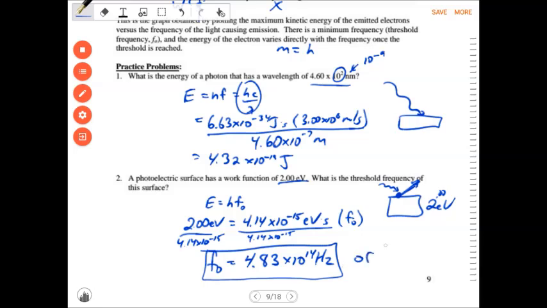So this or higher will cause electrons to be emitted. Okay, emitted. All right, great.